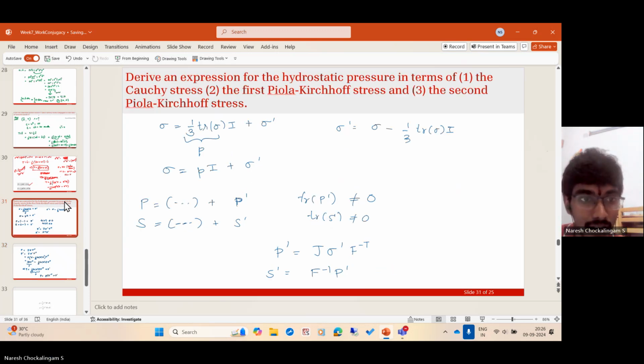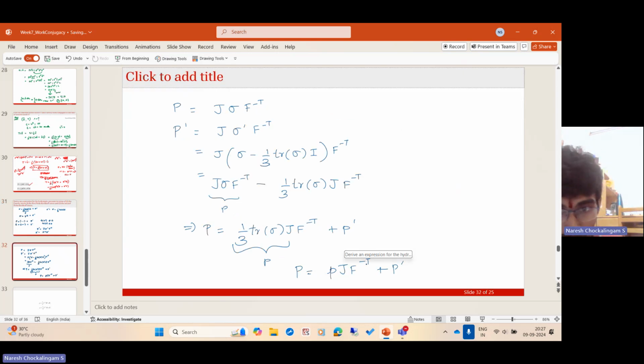Now, we want to find an expression for this small p in terms of the total Piola-Kirchhoff stress P. So let us do that.